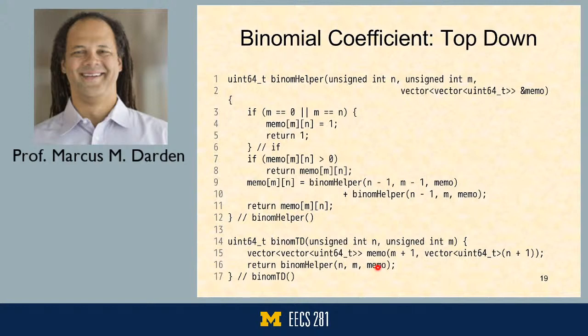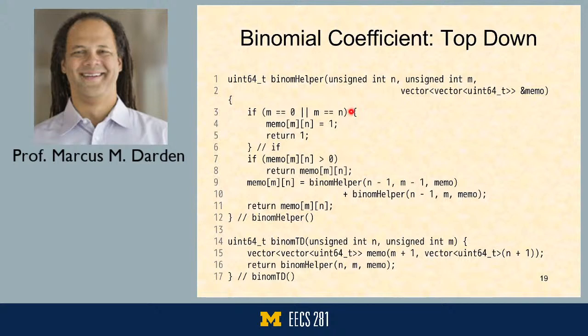So you could have done this with a static, or this is much more difficult as a static because then the binomial helper isn't reentrant, in the sense that I can't calculate 8 choose 6 one time and then turn around and calculate 10 choose 9 or 10 choose whatever, because the first time I entered binomial helper, if this was static here, then I would never be able to call binomial helper with different dimensions.